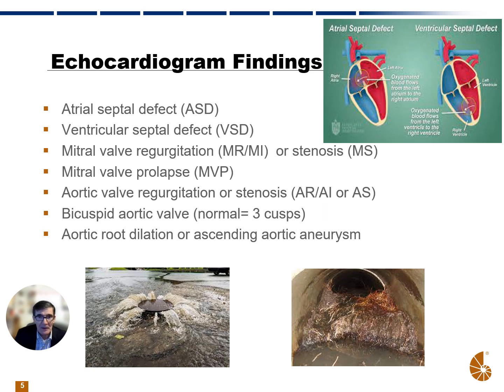And if so, that could be a problem in the future, and surgery may be necessary for that type of problem. So an echo could be used to follow those issues as well, aortic root dilation or any ascending aortic aneurysm.